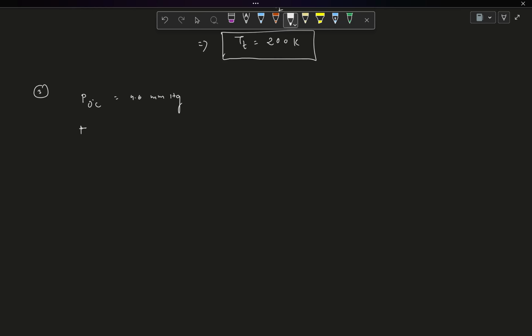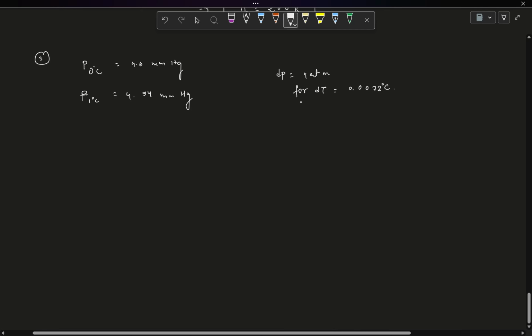And the saturated vapor pressure of water at 1 degree centigrade is equal to 4.94 mmHg, and the change in pressure is 1 atmosphere for a change in temperature of 0.0072 degree centigrade.